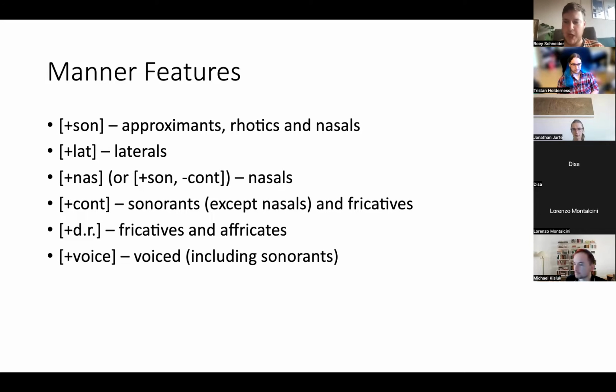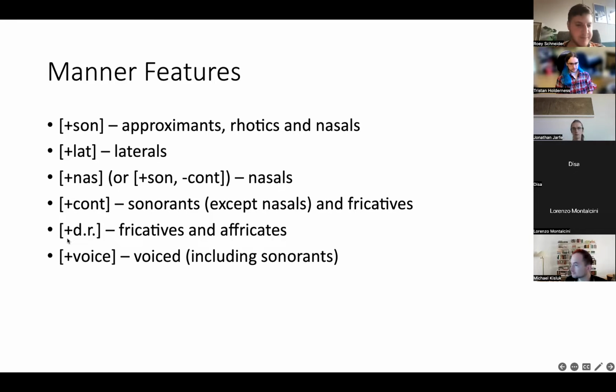Continuance is sounds that we can continue producing, they allow the airflow to continue, so they are not stops. Nasals are technically stops, but that's a different story. Delayed release is what differentiates affricates from stops. Both stops and affricates are minus continuant, but affricates are plus delayed release.